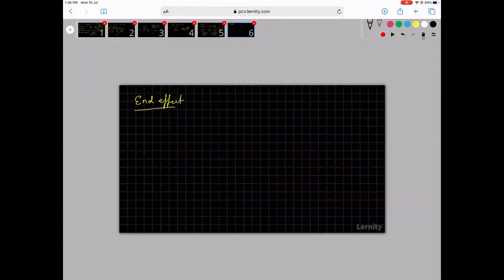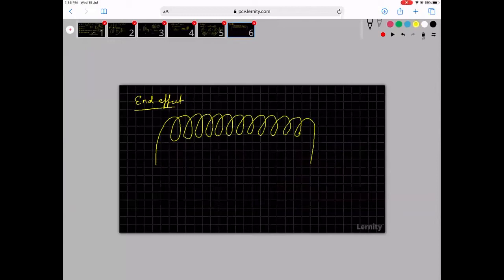End effect means what? See, this is a solenoid, and it keeps going on like this. In this particular zone at the center of the solenoid, you can assume B to be uniform. All the wires will contribute to the magnetic field and B will be uniform.